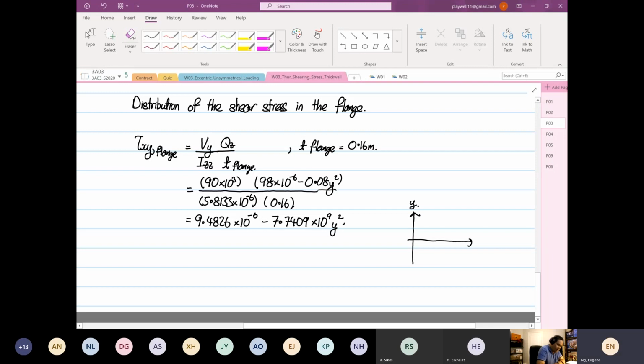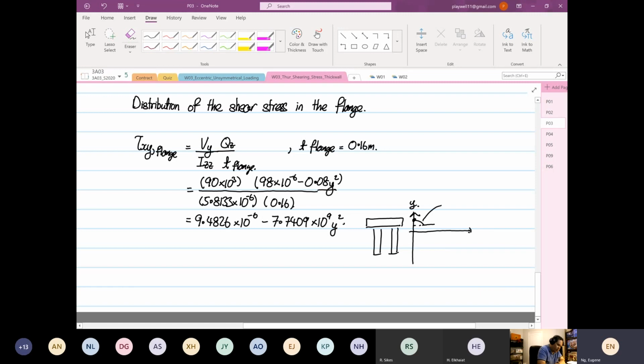If this is y, this is our shear. Because of how our structure is orientated, we don't know where the maximum is yet. We don't know the magnitude. However, we know that at this end, this is one part of our curve that we formed.